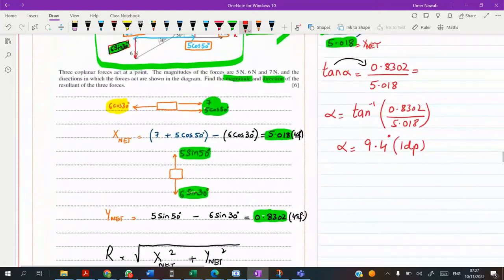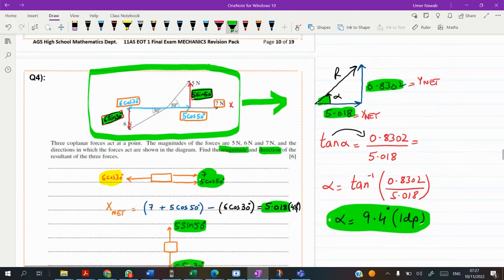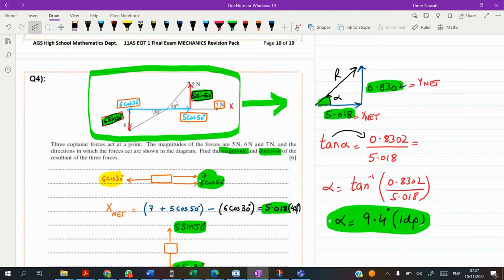Okay. If in the exam you just write 9.4, the examiner will not give you the accuracy marks. You have to give a reference. So as you remember, in this direction, which force was acting? This was the 7 Newton force.